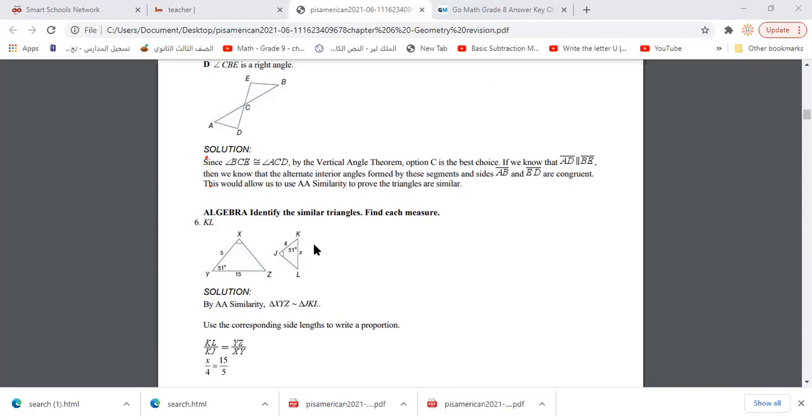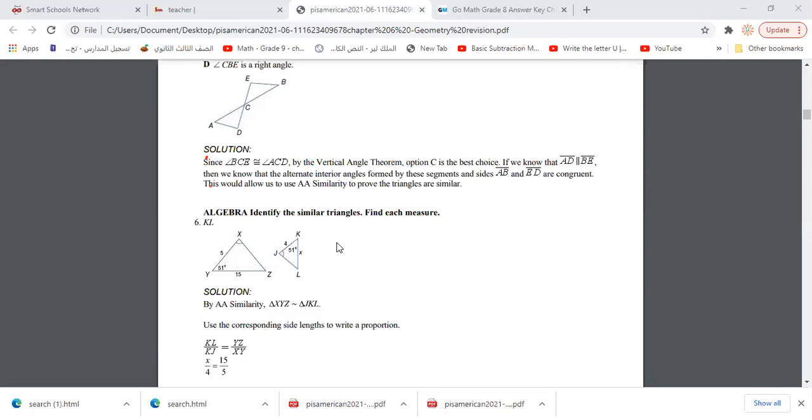He determined that angle X is congruent with J, and angle Y is congruent with K. So I have 2 angles equal in measure, and for sure the third angle will be equal in measure too. So we can prove that the 2 triangles are similar by using angles.